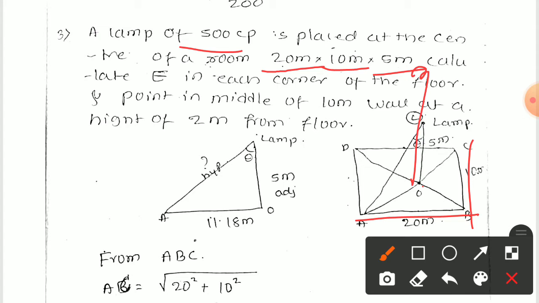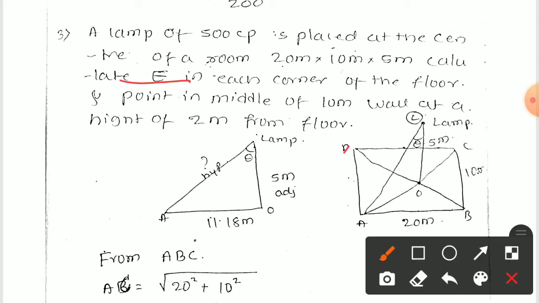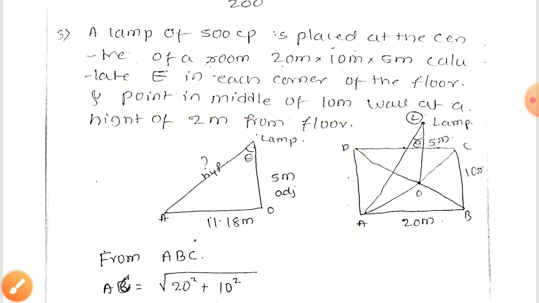Calculate the illumination E at each corner of the floor, and at a point in the middle of the 10 meter wall at a height of 2 meter from the floor.